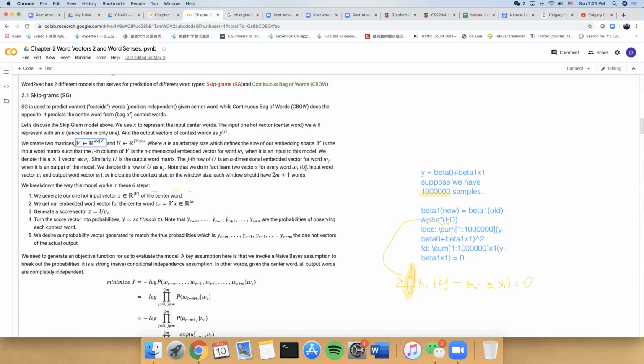I'm going to show you in this way. Let's just draw the matrix here. The W_e matrix is going to look like this.